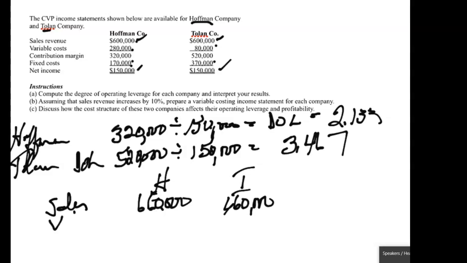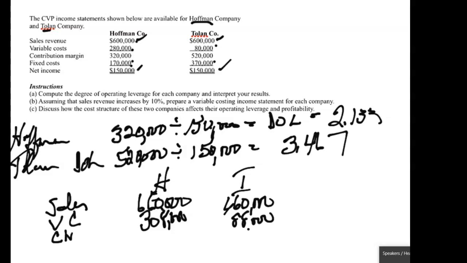So the variable cost for Hoffman would be 110% of 280, which would be 308,000. For Tolan, it would be a 10% increase on the 80,000, which would be 88,000.